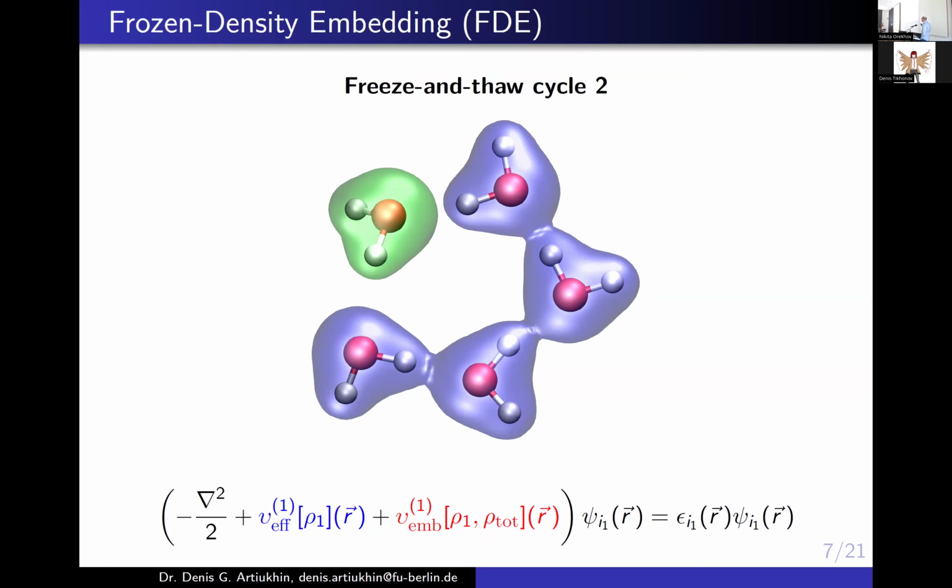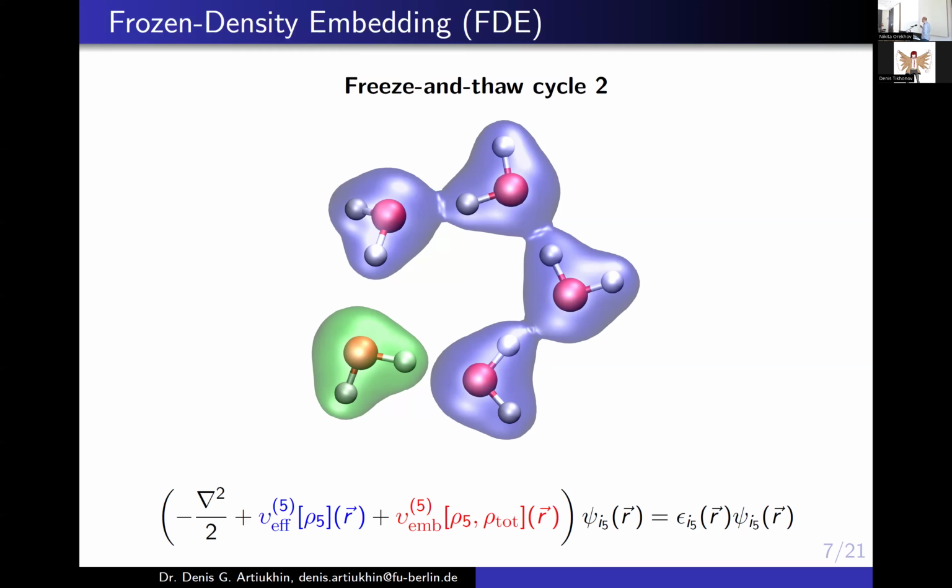By doing so, I can relax the first water molecule, and then I can go in a cycle and relax all of them. So if I'm interested in a specific part of my system, I relax only this part, and everything else can be described as unrelaxed or partially relaxed. Then it's going to be frozen density embedding. If I continue such cycles again and again until my energy fully converges, then it's going to be subsystem density functional theory.